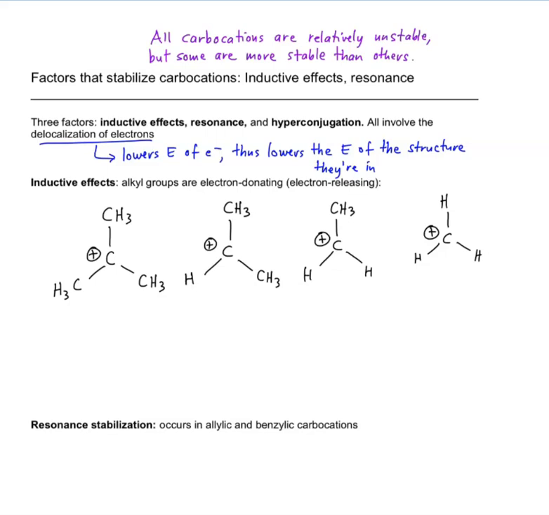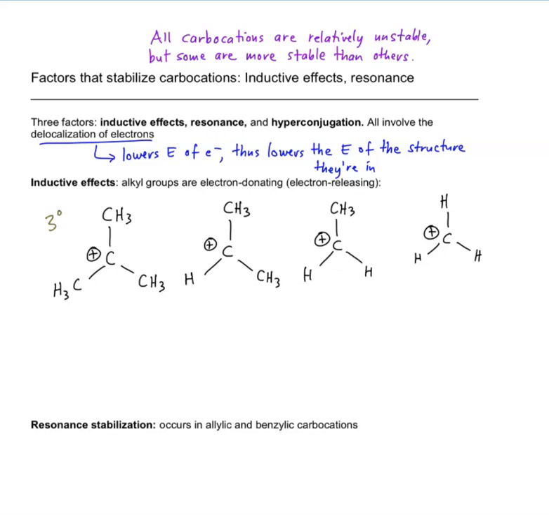So before we get started analyzing the structures, let's look at a little bit of nomenclature or labeling. As it turns out, we can use the labels primary, secondary, and tertiary to describe carbocations. So we would be assessing the carbon with the positive charge and how many carbons it's attached to. So in the first example on the left, the carbon with the positive charge is attached to 3 other carbons.